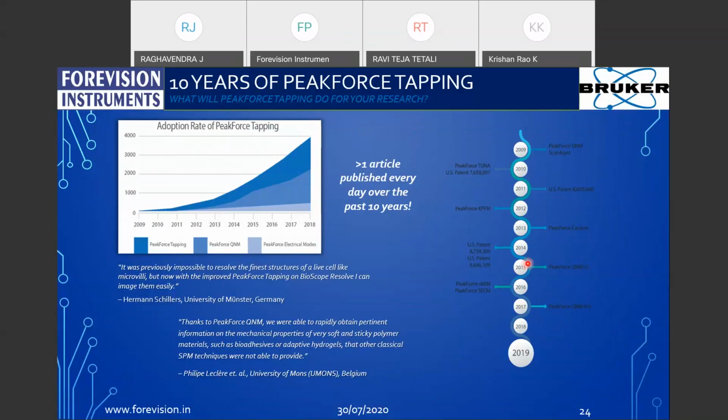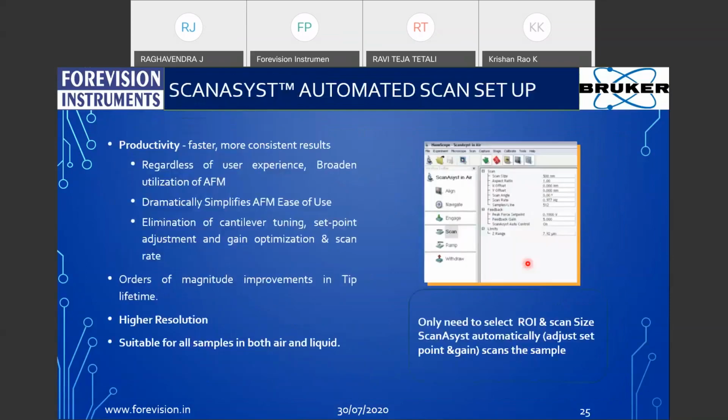Then I am moving to ScanAsist. In ScanAsist, what we do is use peak force tapping plus automation. Here the automation takes care of adjusting the set point and gain. What the user has to do is select a region of interest and the scan size.